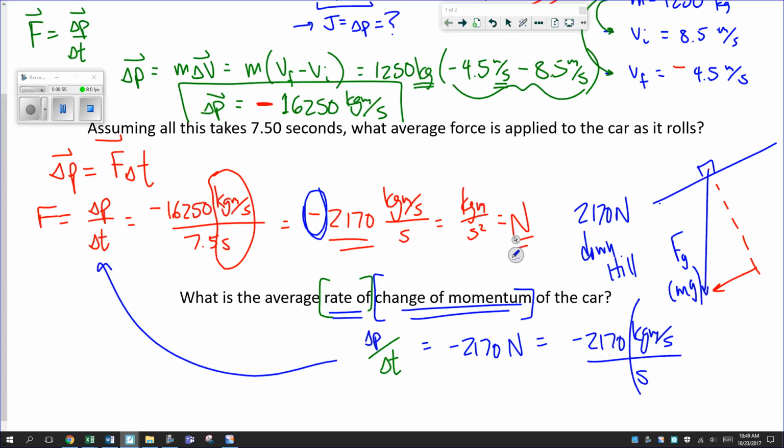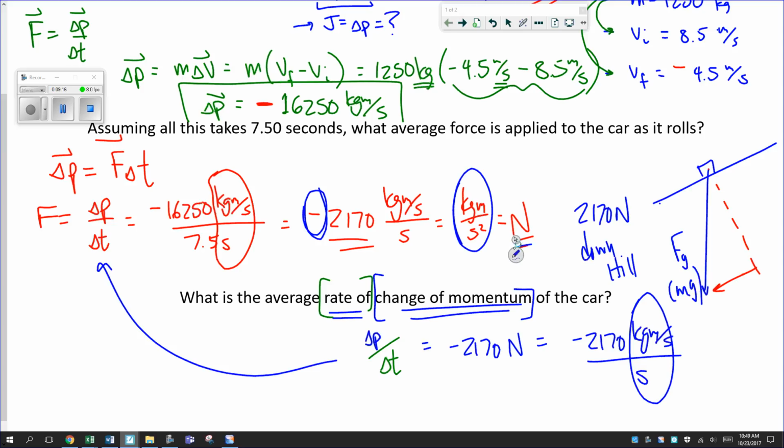But this kilogram meters per second squared is the same as a newton. So all of those are equivalent. No answer is more right than the other answer. Does one set of units maybe communicate the answer more clearly? Maybe. But neither is more right than the other.